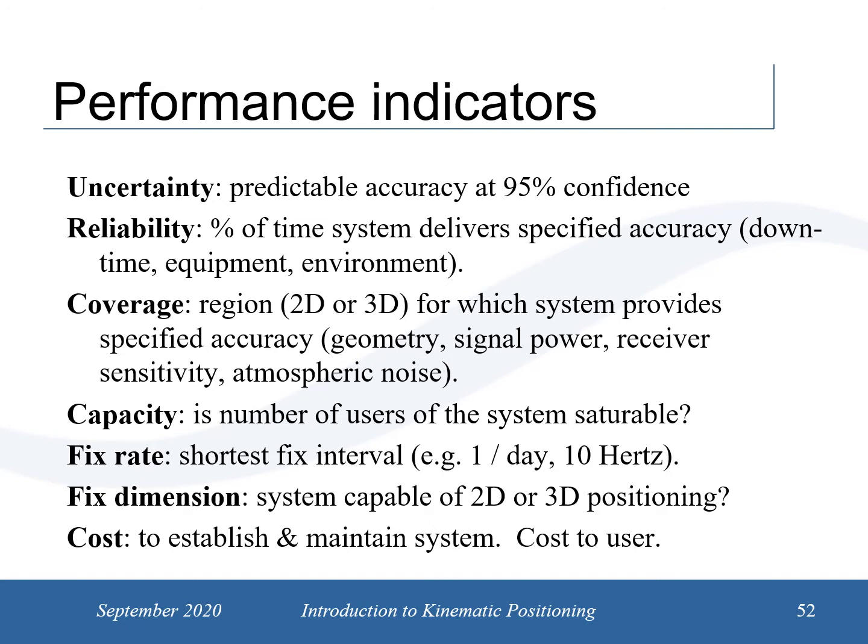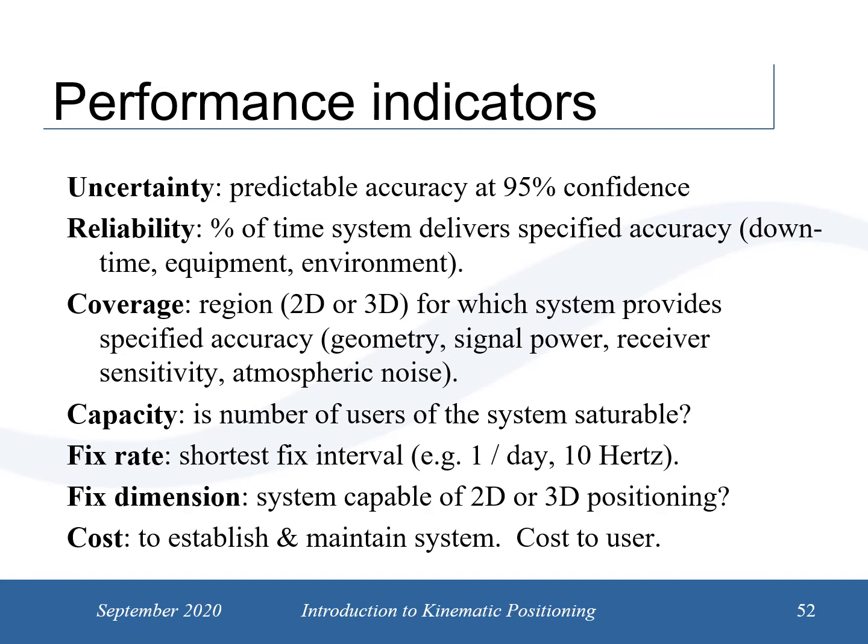Coverage is the region over which the system provides the specified accuracy. The region here we can think in terms of 2 dimensions or 3 dimensions, and the accuracy will be in terms of the geometry, the signal power, receiver sensitivity, atmospheric noise.